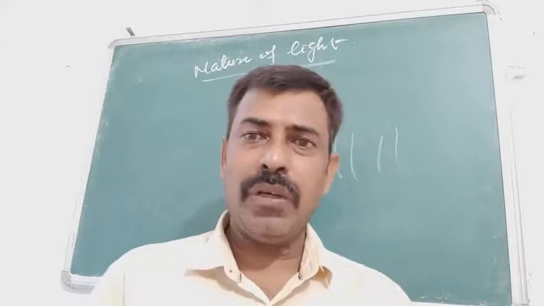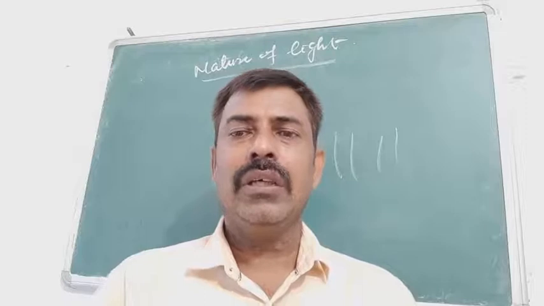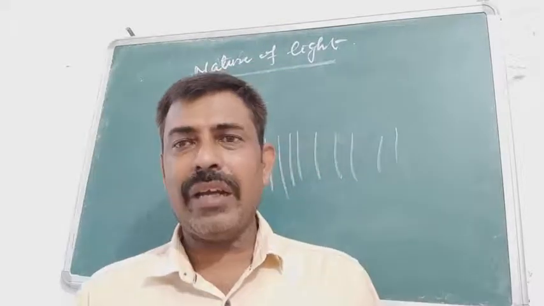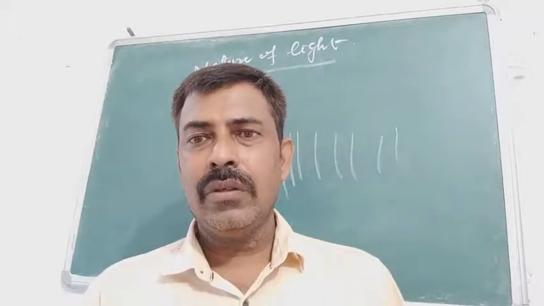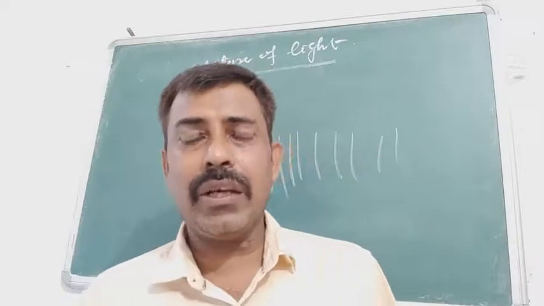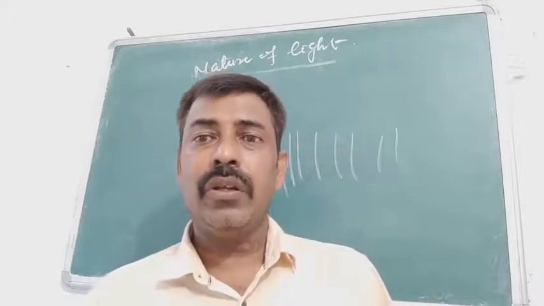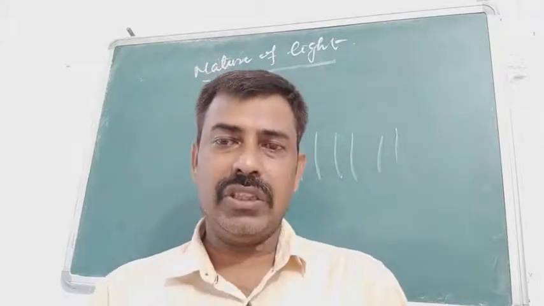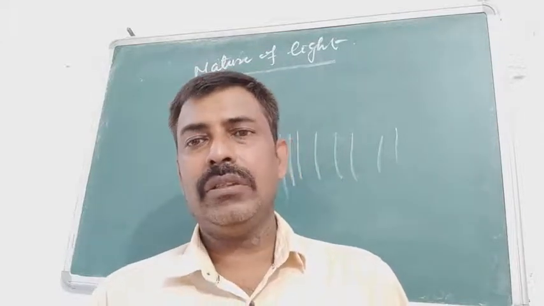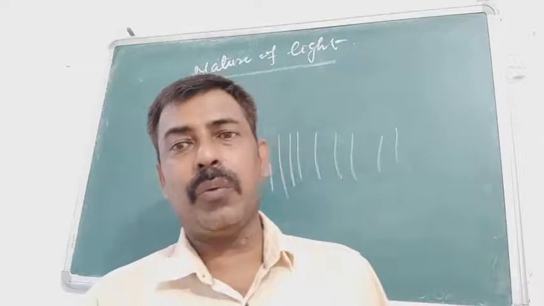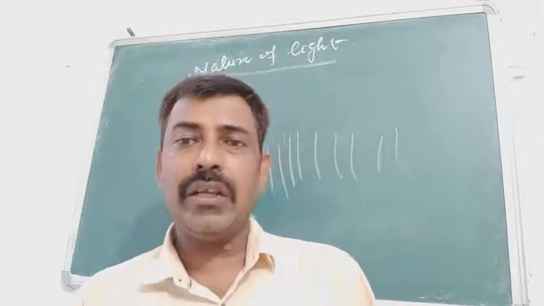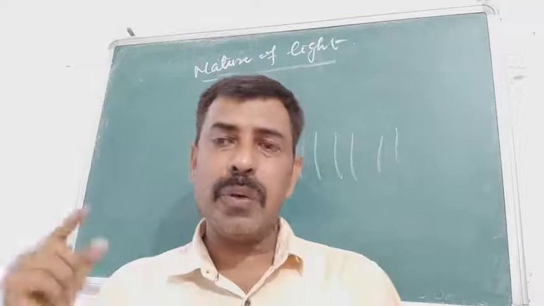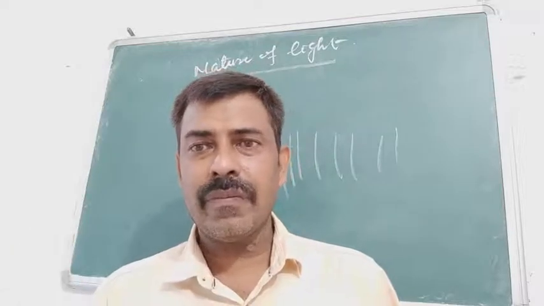What are the special properties of the electromagnetic waves? They said that the energy of the electromagnetic waves depends upon the frequency and wavelength, not the intensity. That means the energy of wave is proportional to its frequency, and inversely proportional to its wavelength.